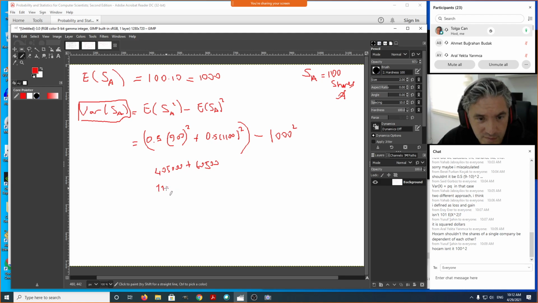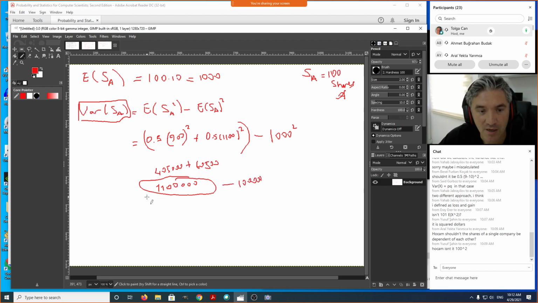So this is going to be 1,100,000. Subtract from it 1 million, which is going to be 100,000. So the variance we have here is $100,000.